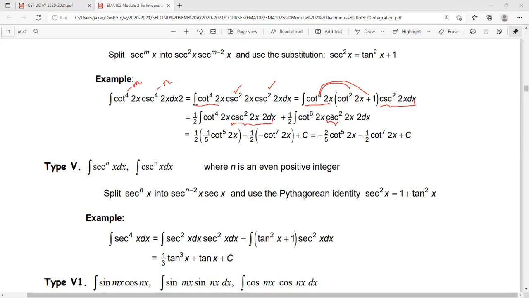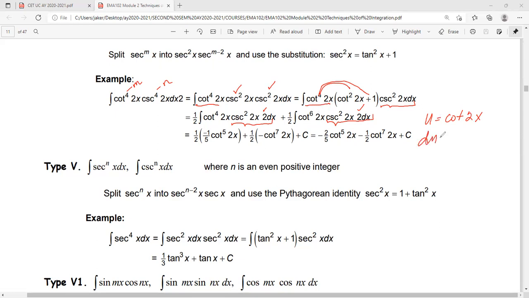Okay. If you look very closely, class, you have added the constant 2 in here. Why? Your u, in this case, is cotangent of 2x. So the n in the first one is 4. The n in the second one is 6.